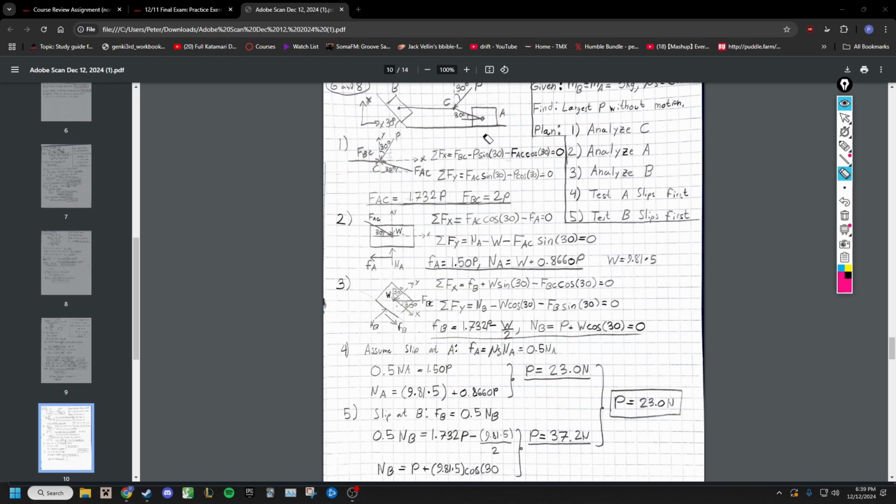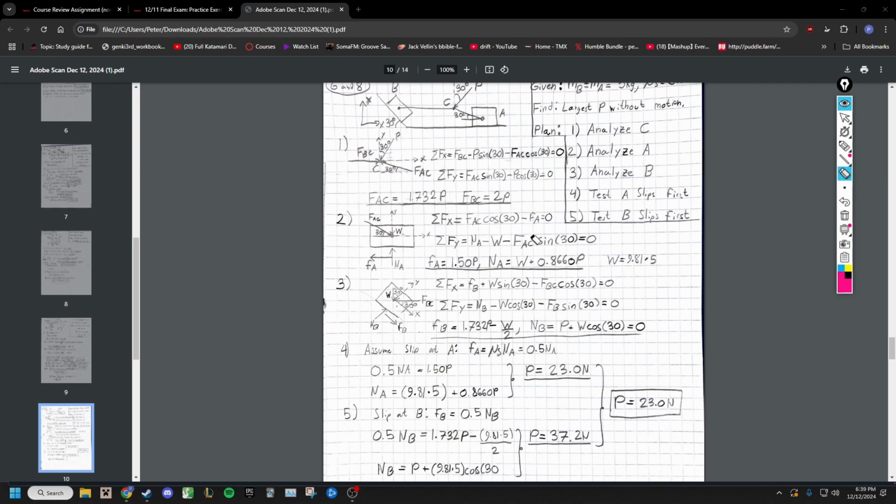So we go through our FBDs here, we set up our equations of equilibrium, and we solve these, and we find that F of A, the friction at A, equals 1.5 P, and the normal force at A equals the weight of the block plus 0.8660 P. And we know that the weight is just gravity times 5.